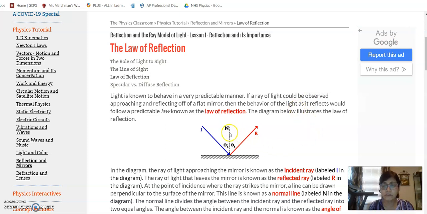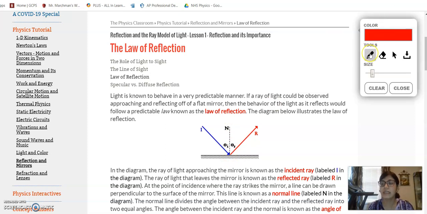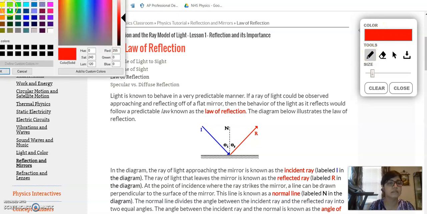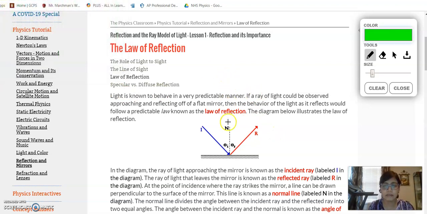Now, if you notice this dotted line, I'm going to go ahead and highlight it in green color so y'all can see. This dotted line is known as the normal.